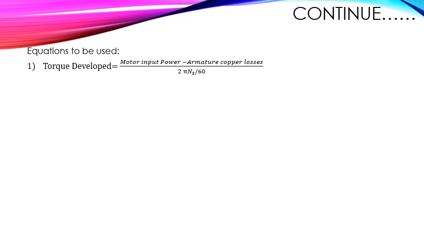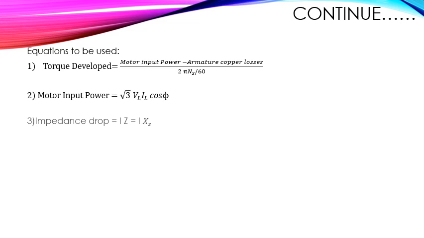Now we'll see the equations to be used. Torque developed, that is equals to the ratio of motor input power minus armature copper loss divided by 2 pi ns divided by 60. So here we are taking the synchronous speed in rps, that's why divide the synchronous speed by 60. Then motor input power, that is equals to root 3 VL IL cos phi.